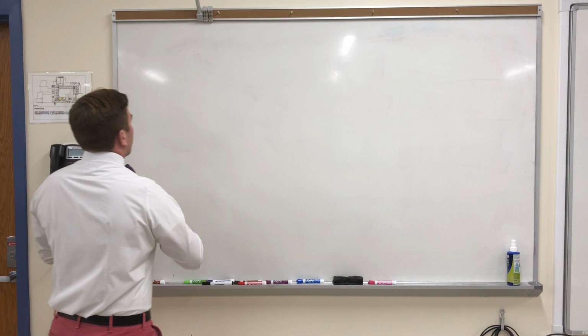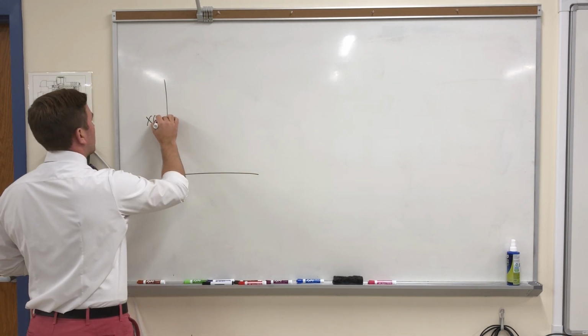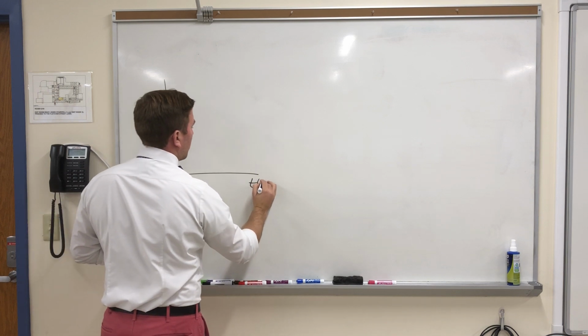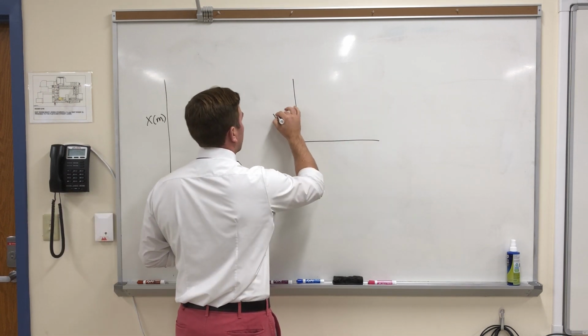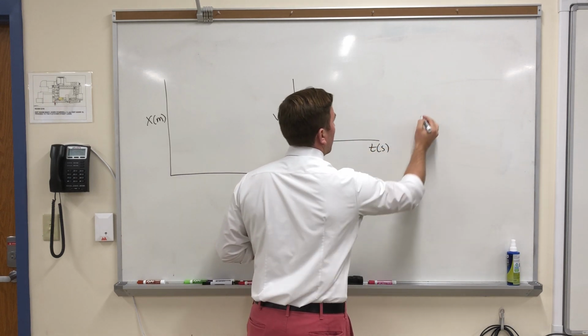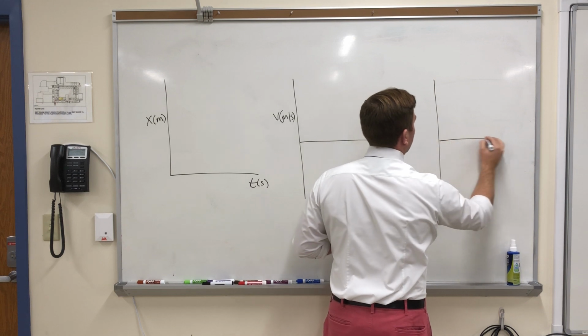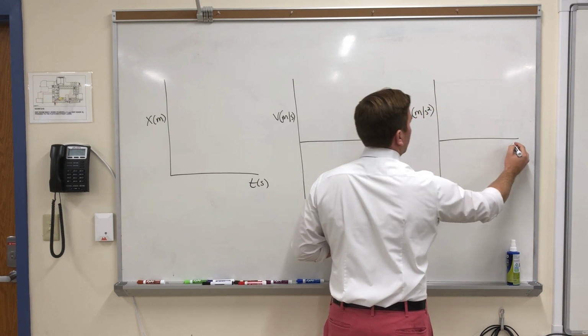So we can look at how they relate to each other. We can start with a position and time. We have a velocity in meters per second and time. And I have an acceleration, meters per second squared, and time graph.